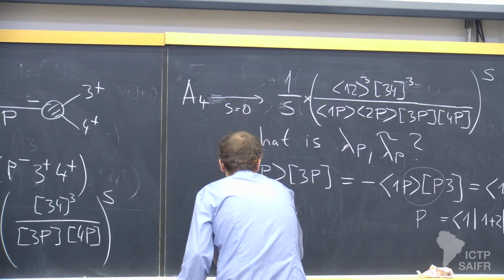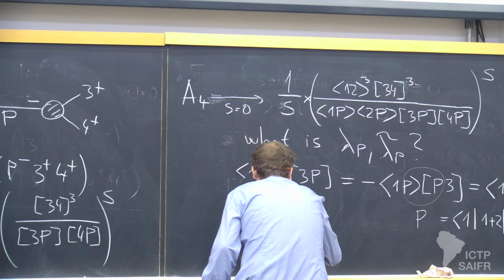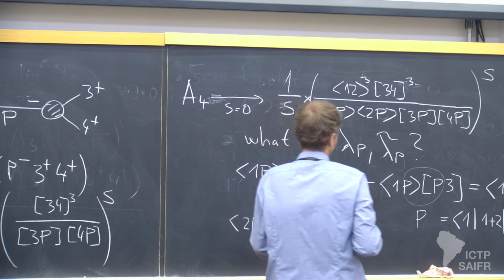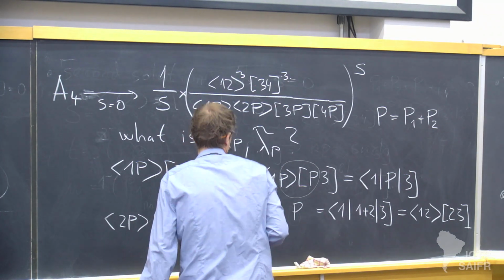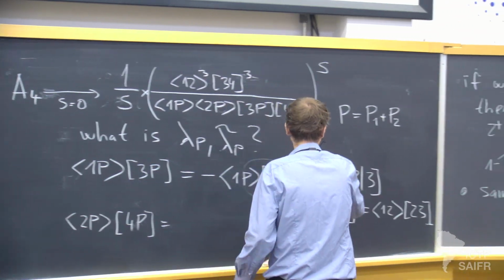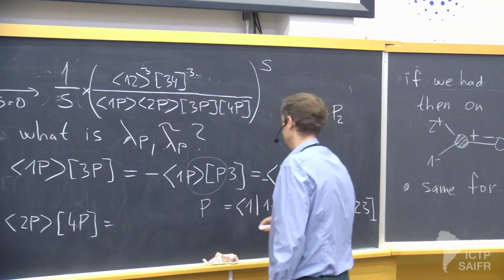So similarly, we can pair 2p and 4p. Sorry, there was a minus sign. I just forgot the minus sign here.